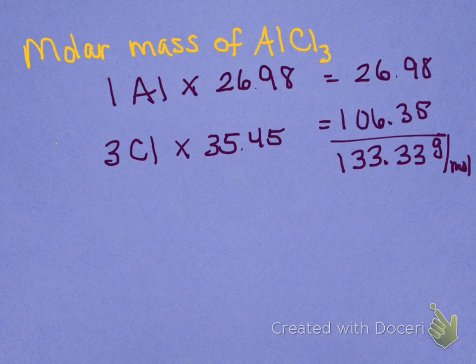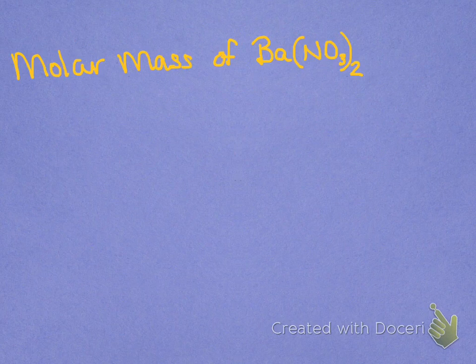All right, last example, the molar mass of barium nitrate. The reason we do this example is that sometimes people get confused about counting atoms when we have parentheses. So let's count this up. We have one barium. How many nitrogen do we have? Here's where you've got to remember that this 2 applies to everything within the parentheses.